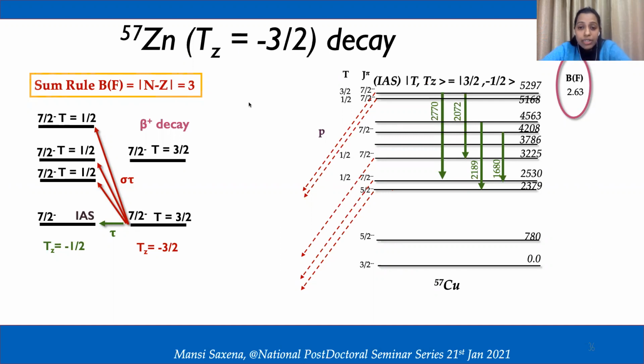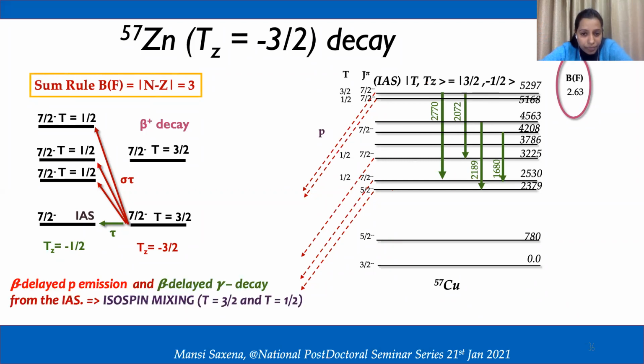Interestingly, the experimentally calculated value from our analysis, considering the half-life and the intensity we have achieved, comes out to be 2.63. Also, in our experiment, we have observed both proton emission and gamma decay from the isobaric analog state.